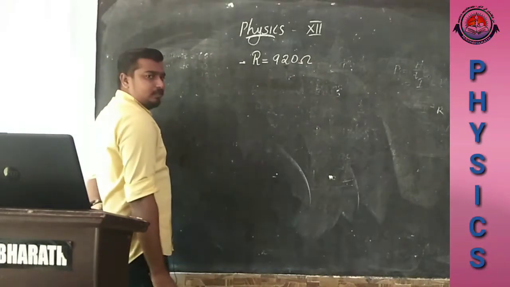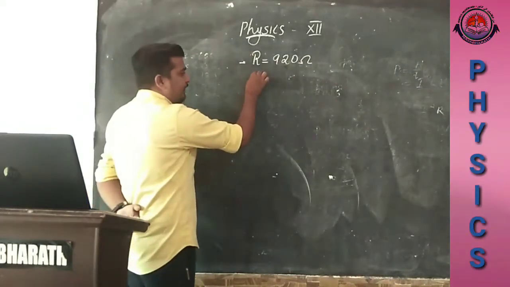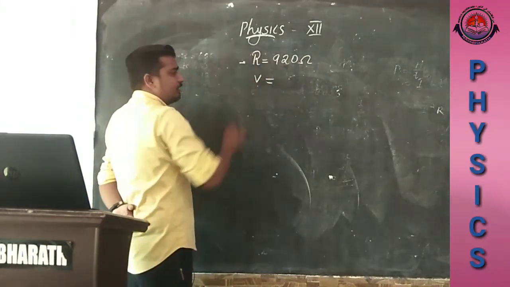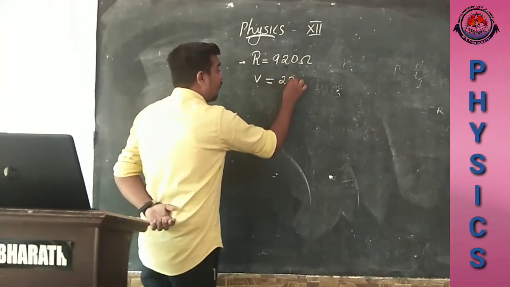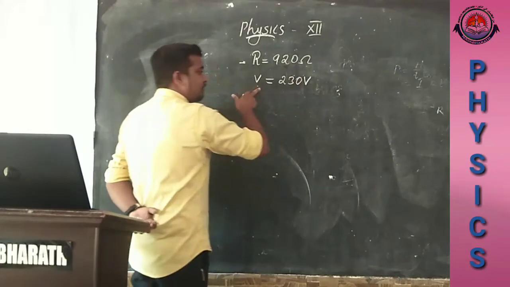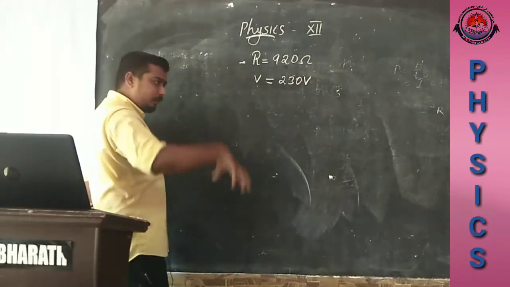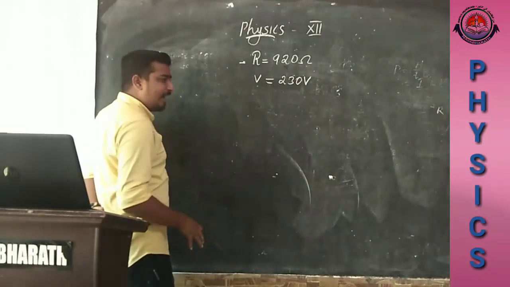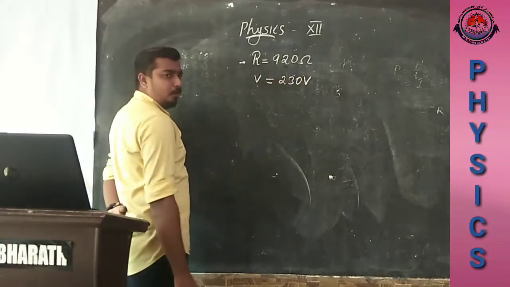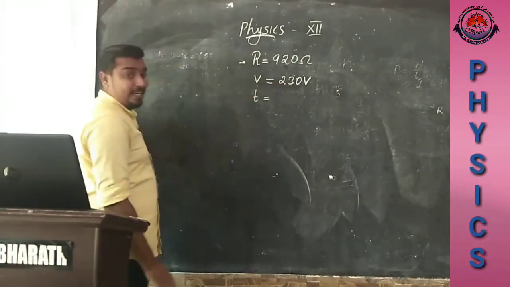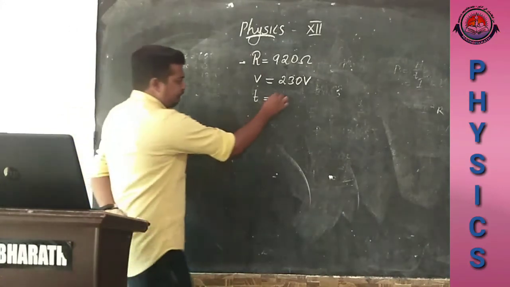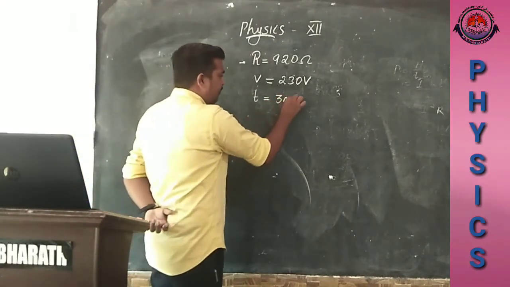Then the device is working under 230 volt, that is the potential difference or the voltage applied is 230 volt for 3 minutes.